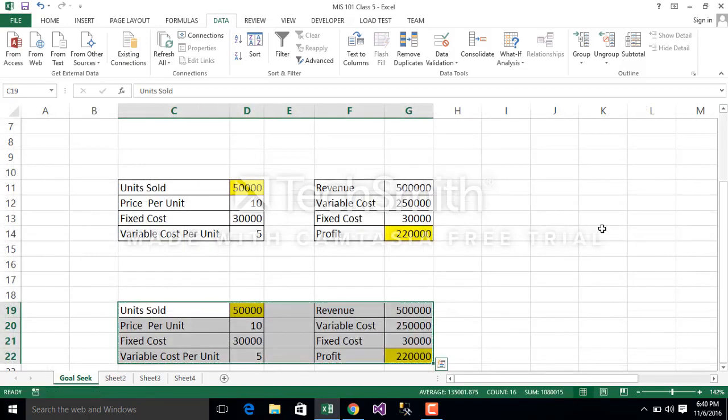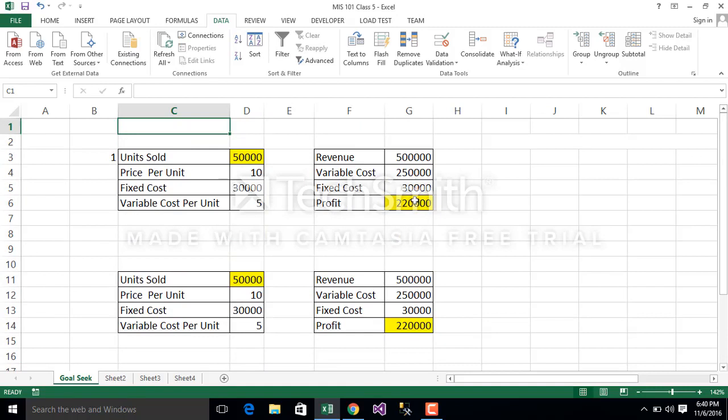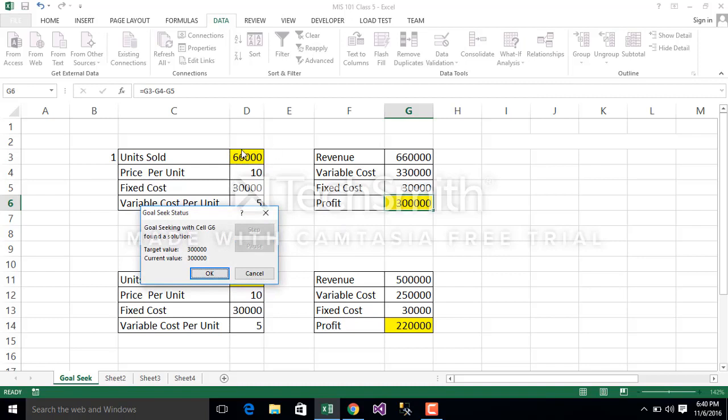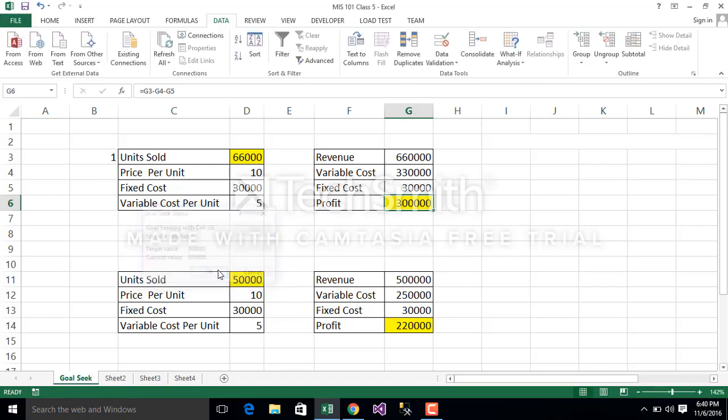So what we want to do is increase our profit up to which level? Up to 3 lakhs. Then goal-seek, 3 lakhs, and this is our set cell. We want to change the same things, by changing demand, click OK. Then we see the changes, and we have to increase 16,000 more in it.